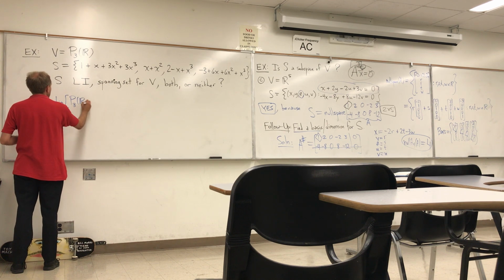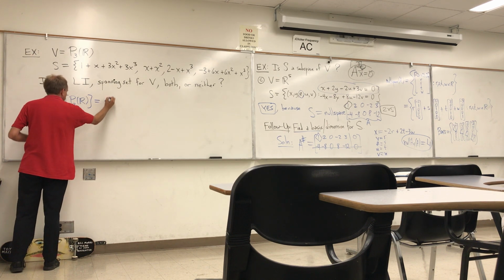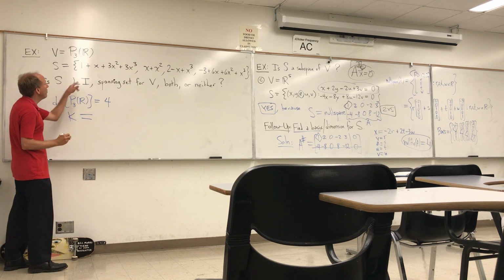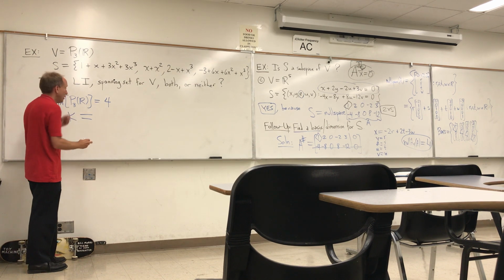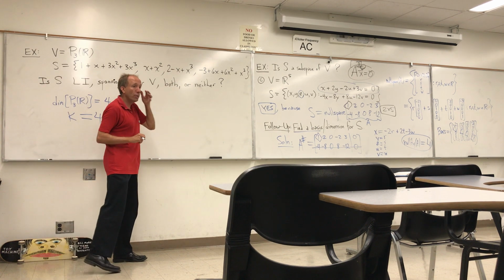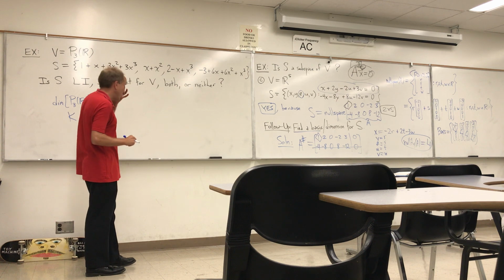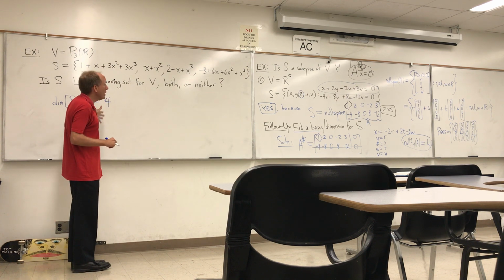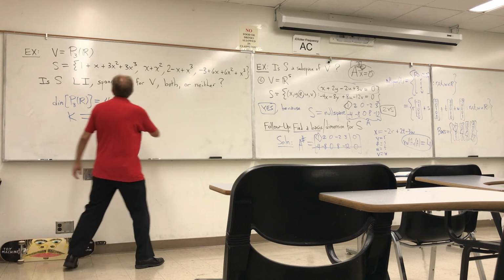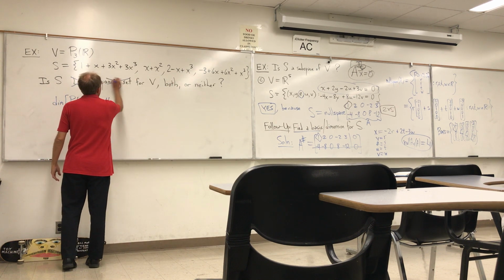And what is, I usually call it K, the number of vectors in the list? It's 4, right? There are 4 polynomials there. So what that means is that these match up. When they match up, then the correct answer is either both or neither. So I can cross off LI and spanning set.